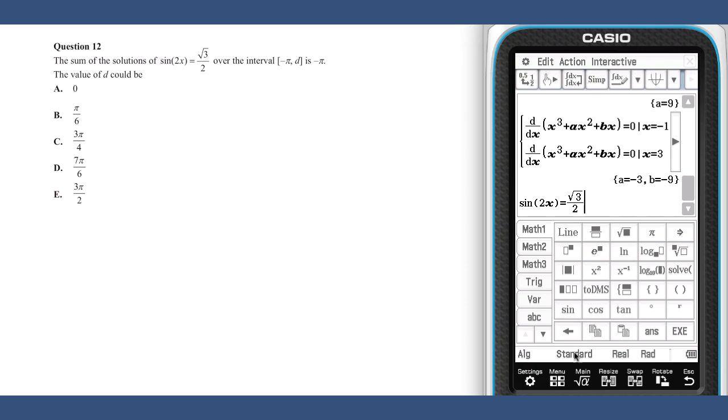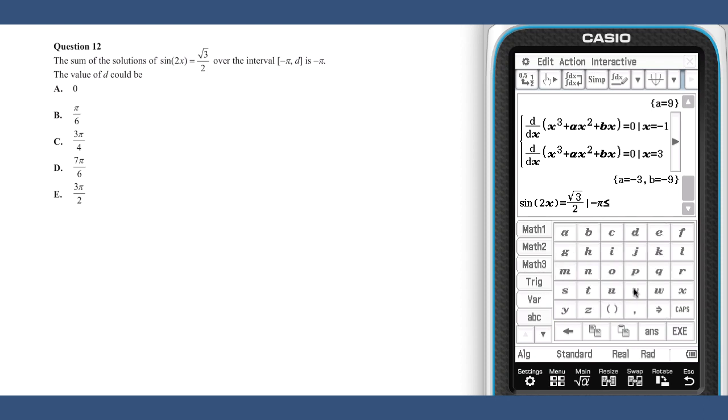We're going to have to choose some sort of interval for the solutions. We're given that the interval starts at minus pi. The upper bound for the interval is not immediately obvious.